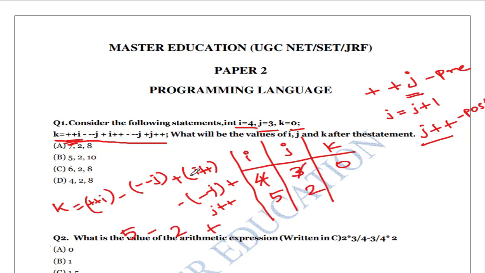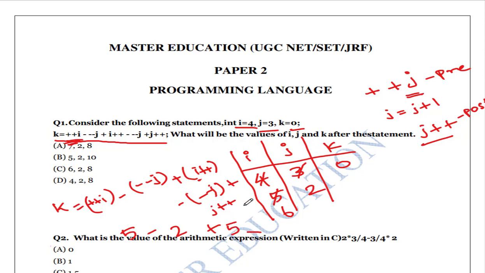Then i++, that is first I will take the value of i. This is a post-increment. So I have taken the value of i and then I will increment the memory location. So be clear in this step. Whatever value is present in the memory, that value is taken and then it will increment it.